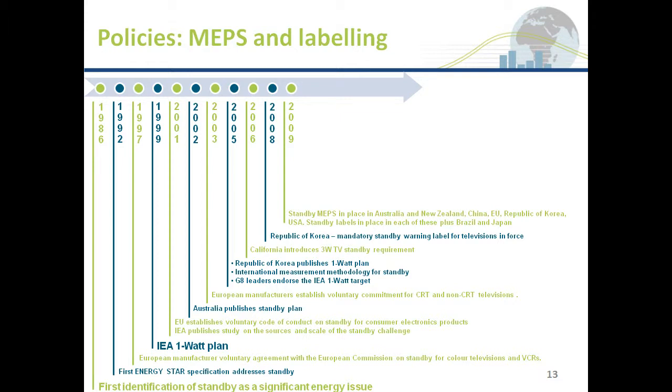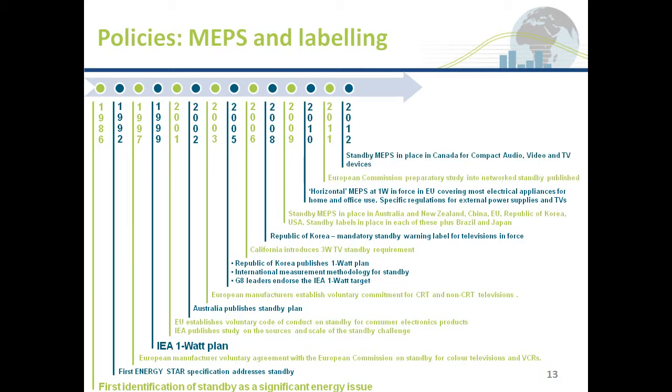Going forward, in 2010 we started to see horizontal minimum requirements for standby, and this means the policies that impose a minimum requirement on a wide range of different products. So it's tackling the standby issue across a range of products with one measure, and this, where it is possible to do this within the regulatory framework, is starting to become more prevalent as a way of tackling standby.